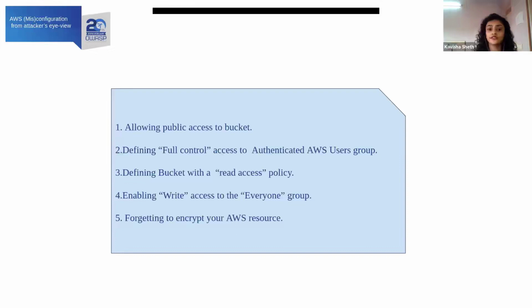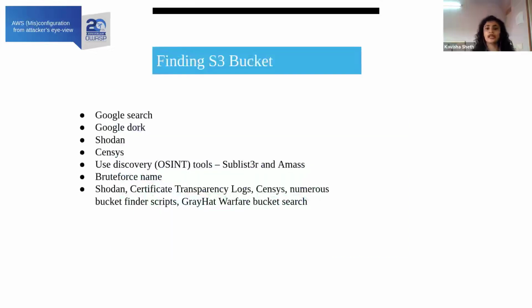So yeah, this is the standard attack vector. Now you say, okay, I'm aware of all these things, so what can go wrong? But how do I find the S3 bucket, right? For that, you can opt for Google search, Google Dorks. There are tools as well, Shodan, Censys. You can use OSINT tools like Sublist3r or Amass.